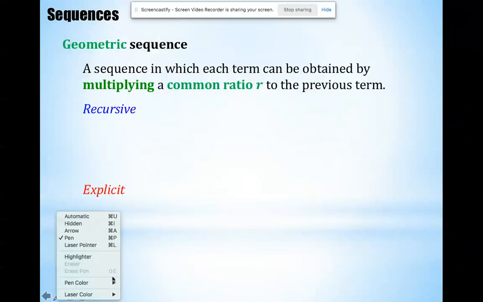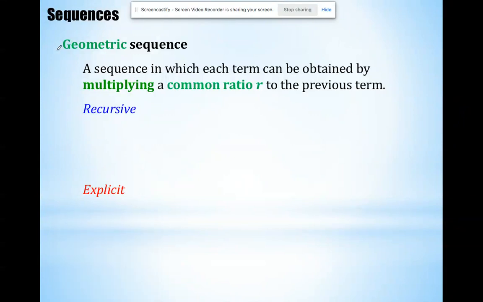Geometric. In calculus, geometric sequences are the nicest, especially as we turn them into series. Remember with an arithmetic, which I told you to think of adding, you added a common difference. For geometrics, you're multiplying by a common ratio.